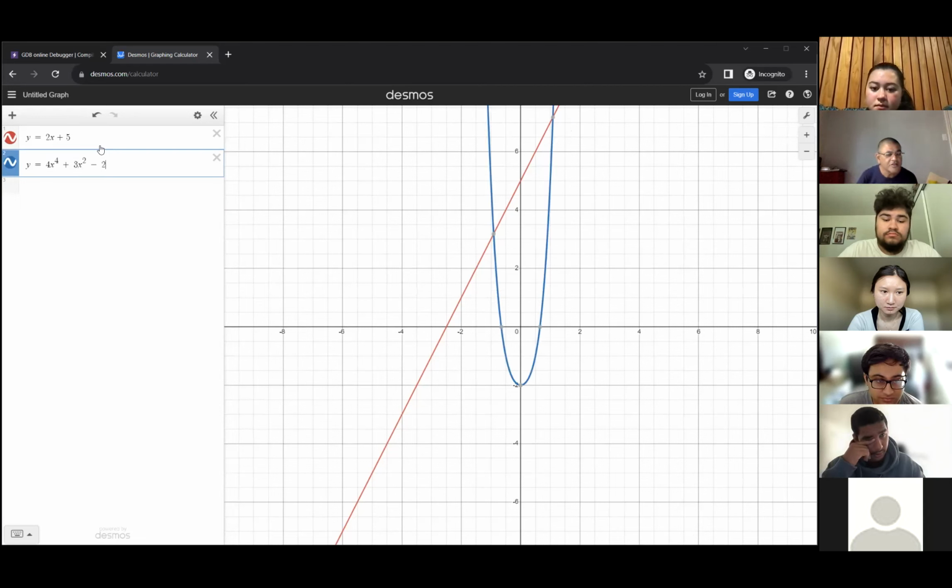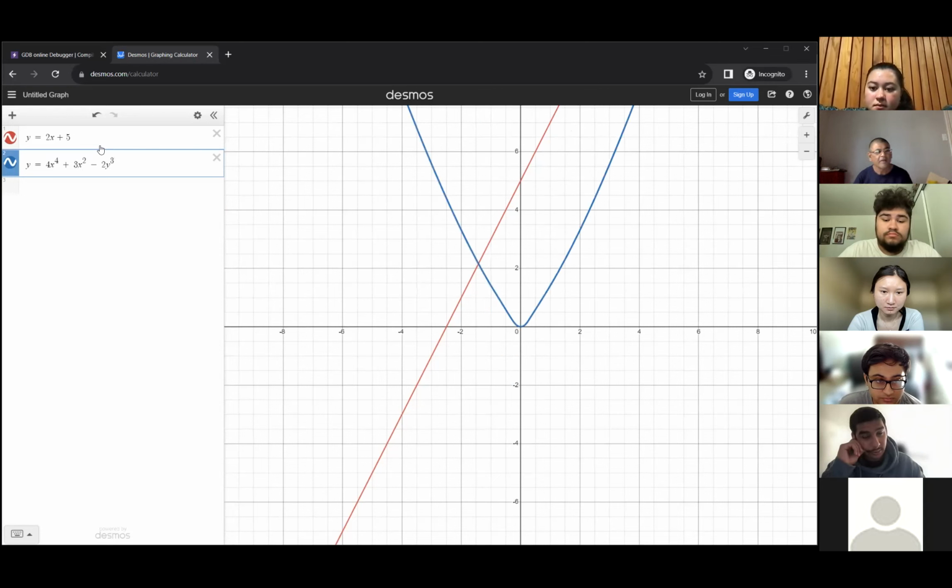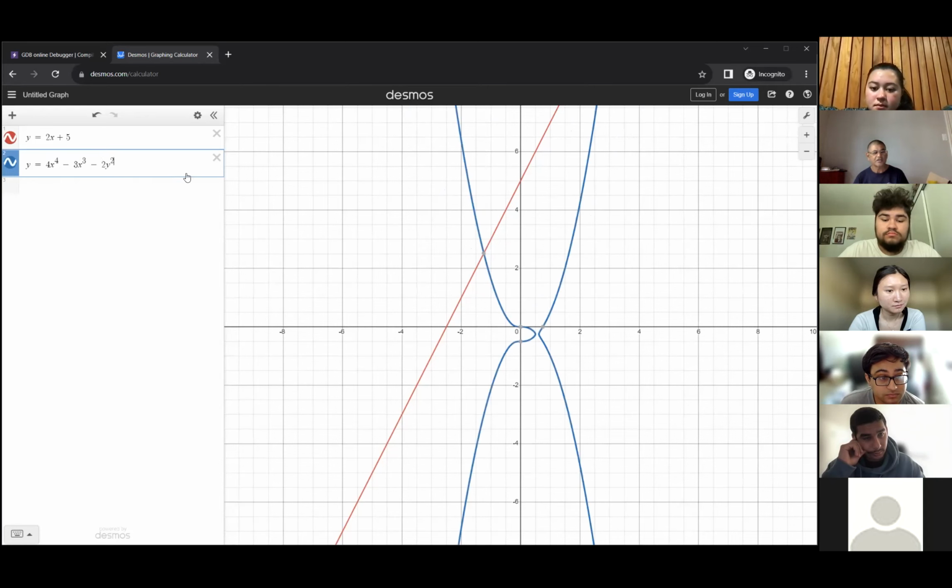Oh, actually, we missed the cubic term. Make it minus 3x cubed, then plus 2y squared, and also add a linear term x and a constant term.